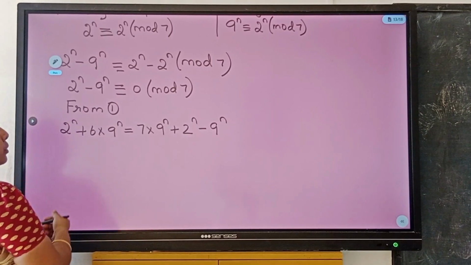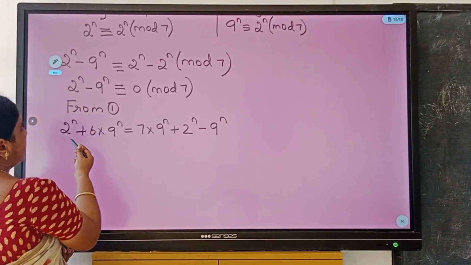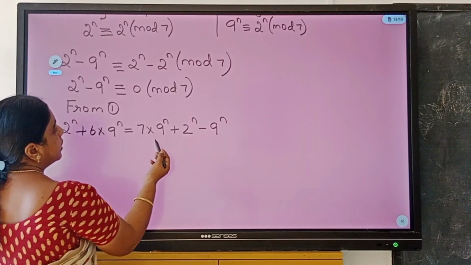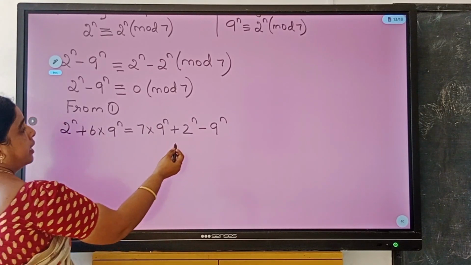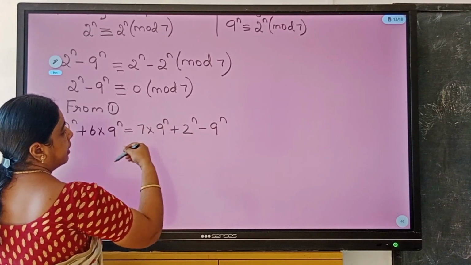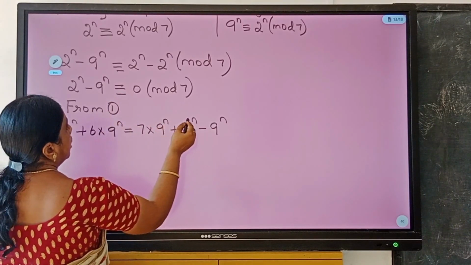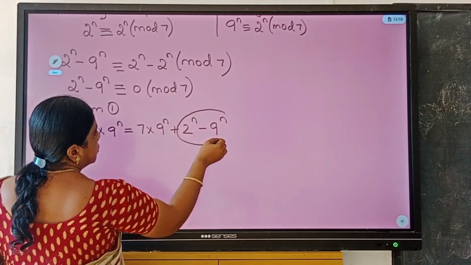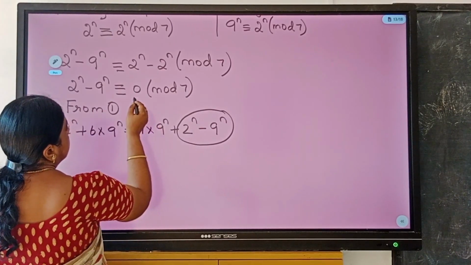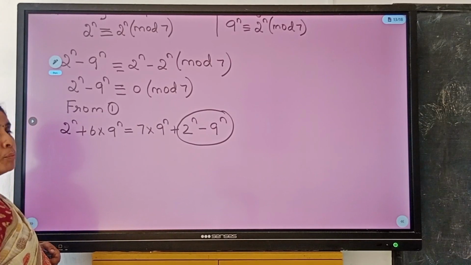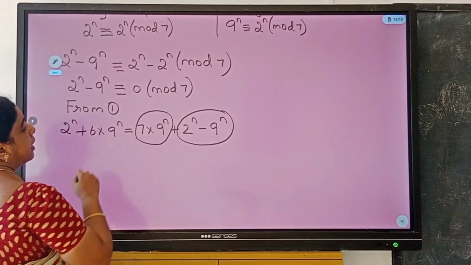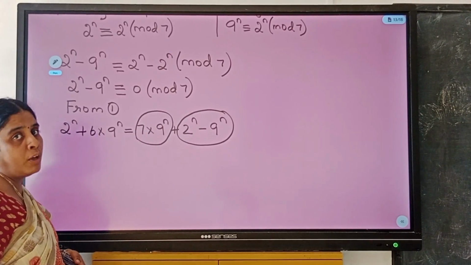So from the first equation you can write, that is we have written already, 2 power n plus 6 into 9 power n is equal to 7 into 9 power n, and we have written this together, 2 power n minus 9 power n, where we have found out this 2 power n minus 9 power n is congruent to 0 mod 7, and already we have proved that the remaining number is also a multiple of 7.